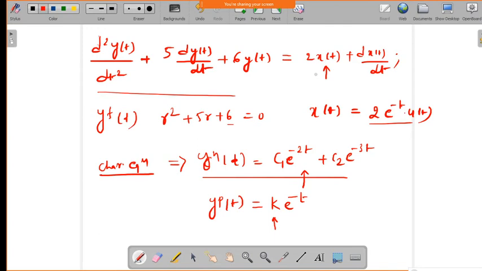What is the value of k? Just put this in the differential equation.